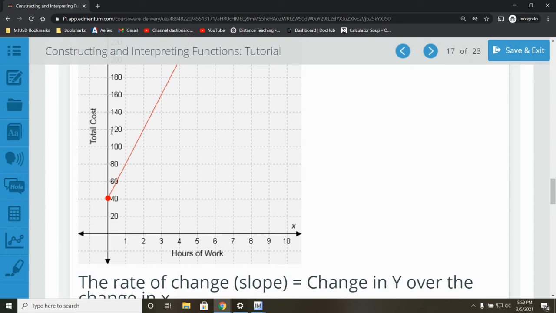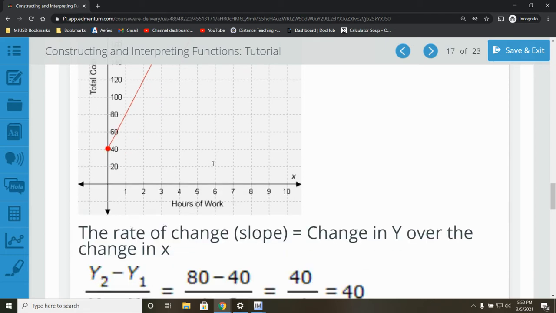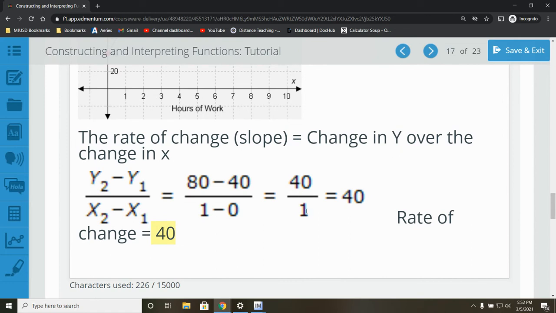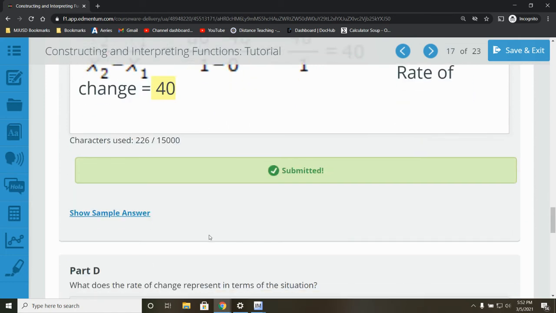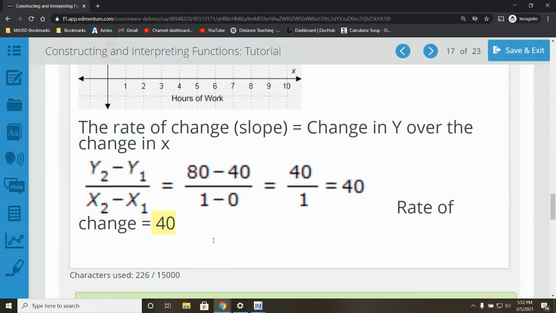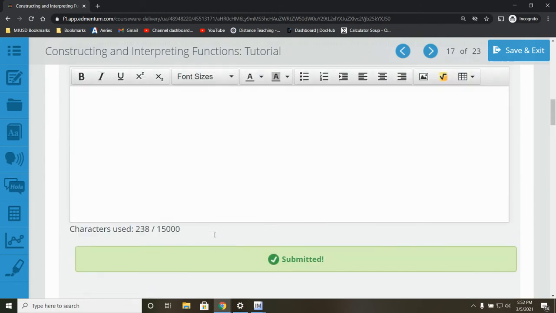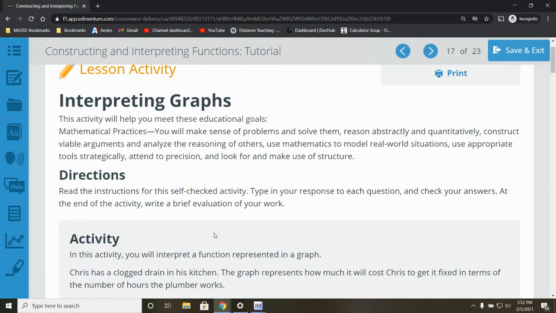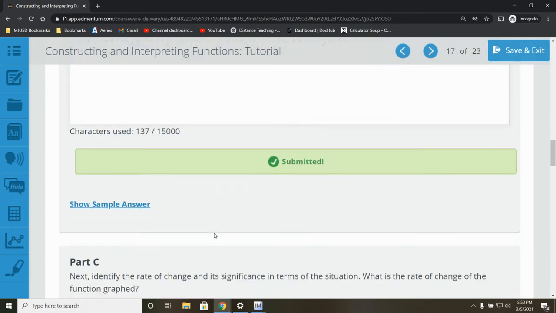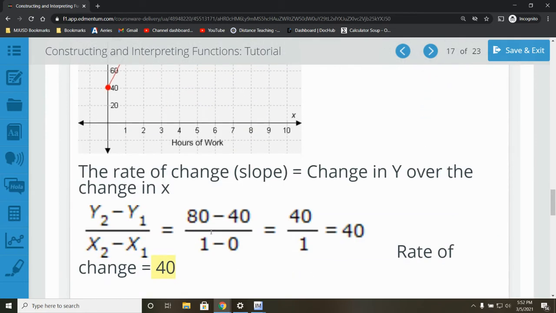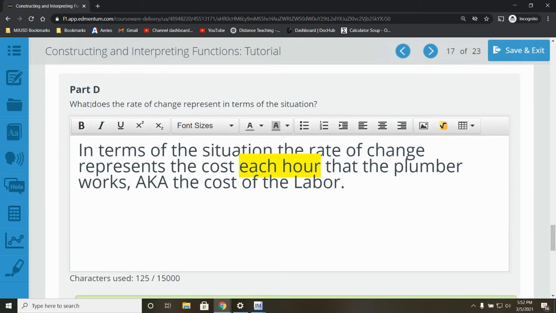Up here, I could say x is 2 minus 1 is still 1. So 40 over 1 equals 40. The rate of change is 40. That means the slope is 40. That means in the formula, wherever it is, for the function, it is the m, or the slope.